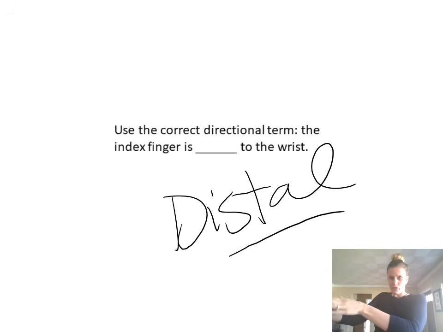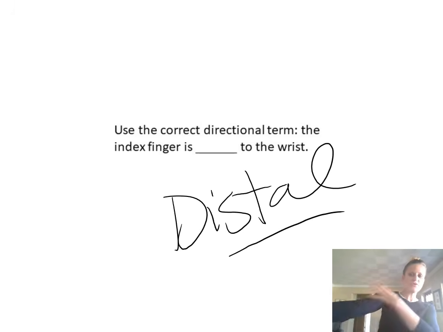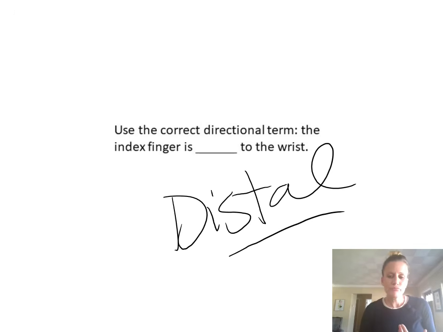So my finger is further away than my wrist, right? My wrist is further away than my elbow. My elbow is further away than my shoulder, right? So as I head that way, everything is more and more distal. As I head this way, everything is more and more proximal. Technically, you could say inferior. It is inferior, like below it, but distal is better.